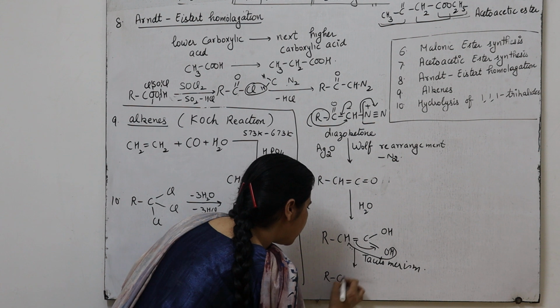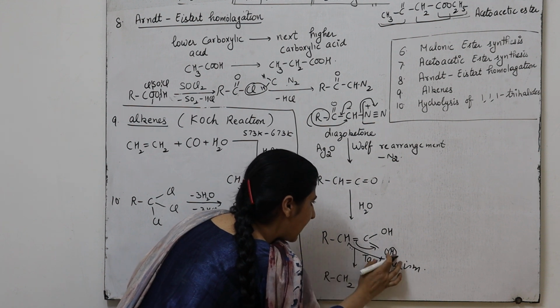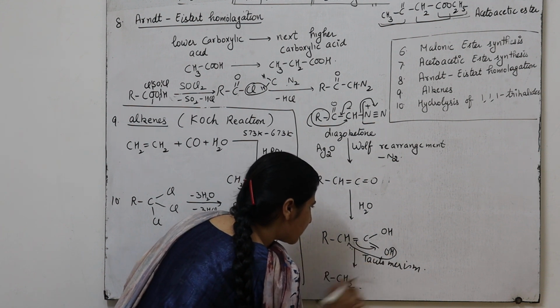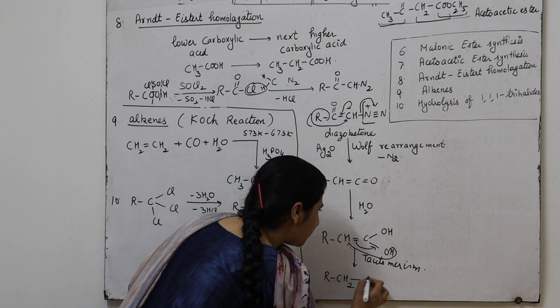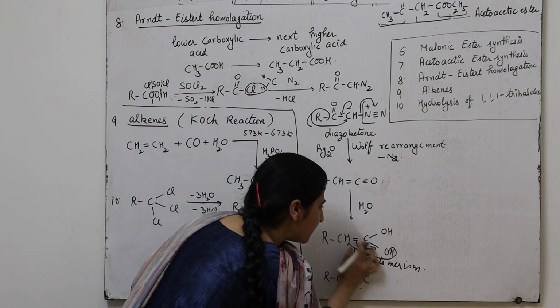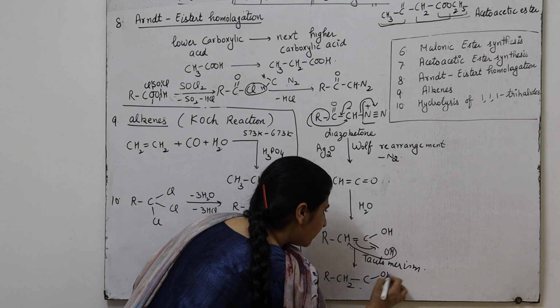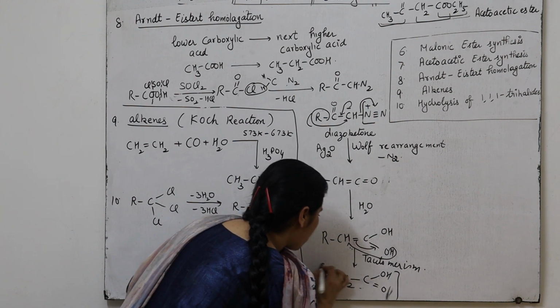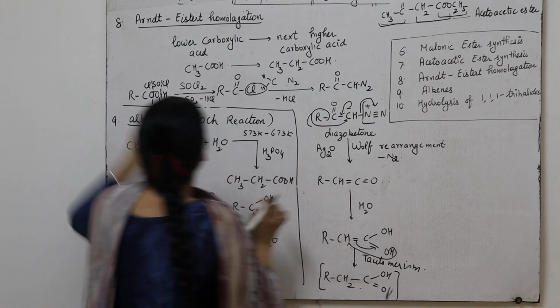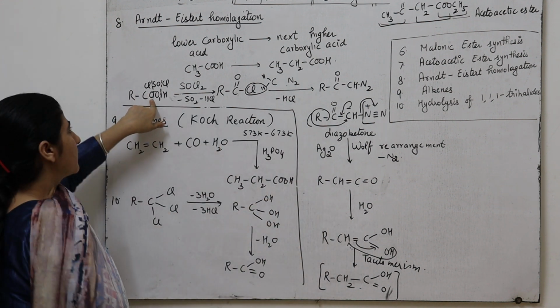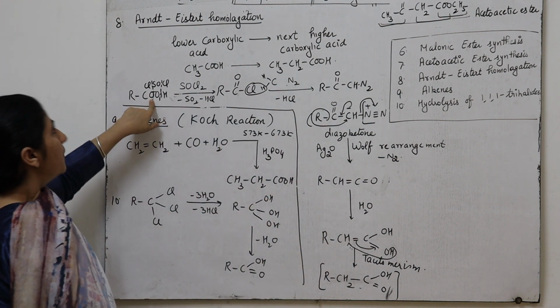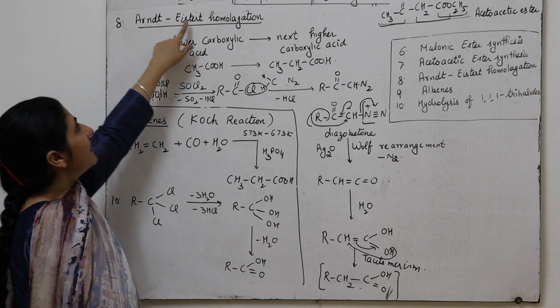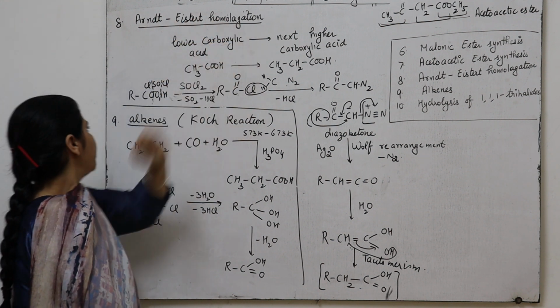So in this case we get a product, CH3, where H migrates from the CH2, the double bond is converted to a single bond, and there is a formation of a double bond. So in this case we get a higher carboxylic acid as compared to the starting carboxylic acid. So this is known as Arndt-Eistert homologation.